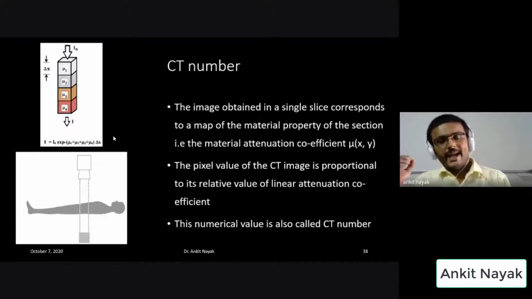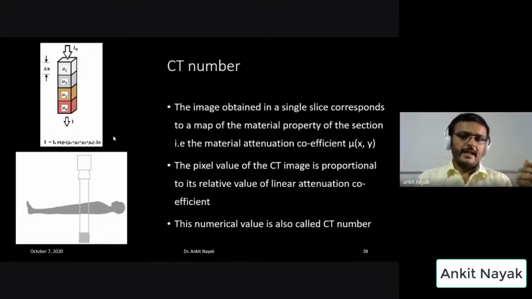But the question arises: how will it define a particular grayscale value, and how will you know whether it is bone, a blood vessel, muscle, or anything else? For that you have to understand the CT number. Suppose you have 4 objects with different X-ray attenuation coefficients, mu1, mu2, mu3 and mu4. These are the different X-ray attenuation coefficients for the 4 different bodies.